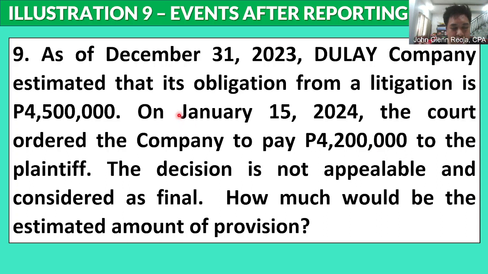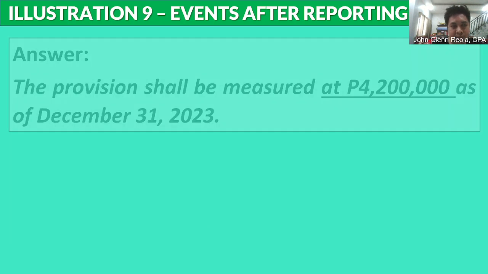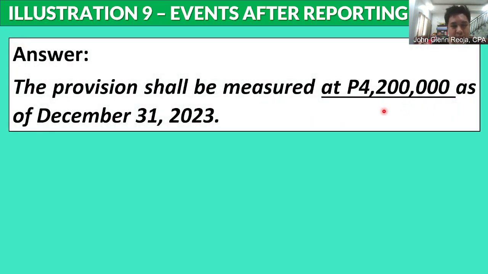So, sa point of view ng defendant, na-measure niya naman. So dapat 4.2 ang mag-appear on December 31, 2023. So the answer is 4.2 as of December 31, 2023. As of January 15, we just need to revise, i-revise lang natin yung amount sa books. Okay?